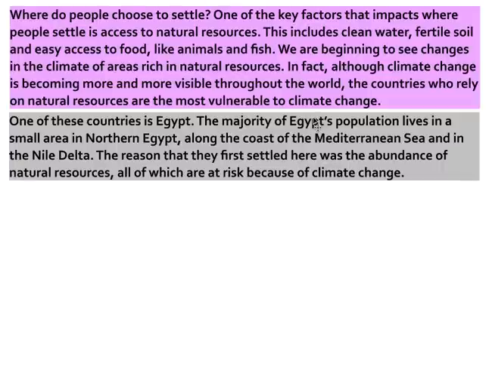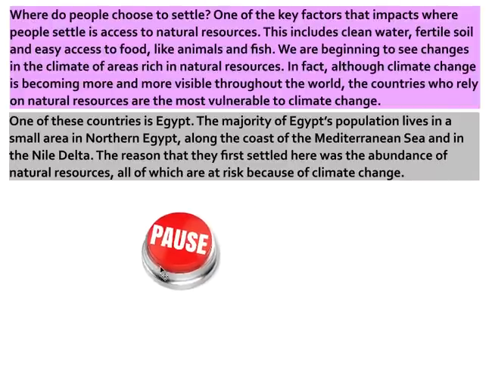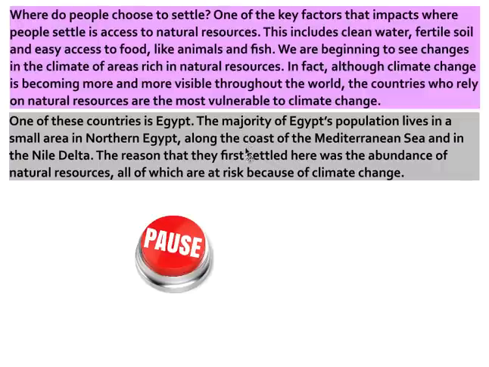The majority of Egypt's population lives in a small area in northern Egypt, along the coast of the Mediterranean Sea and in the Nile Delta. The reason that they first settled here was the abundance of natural resources, all of which are at risk because of climate change. Pause the video now. Reread your big picture, and then write a transition to discussing your country.